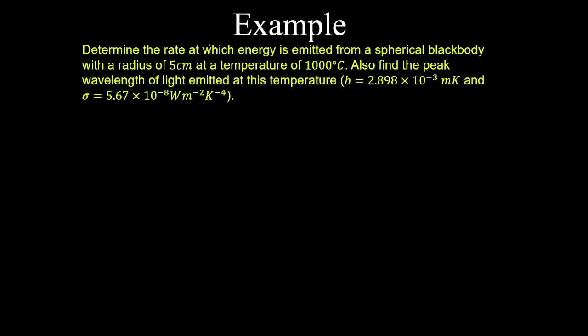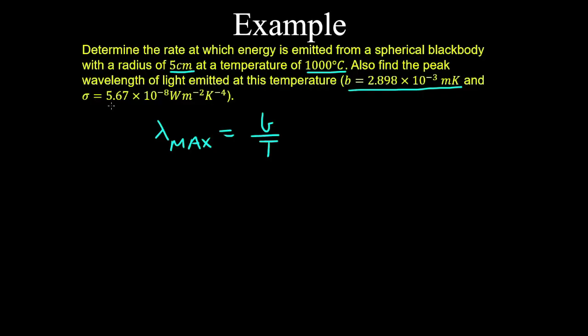Determine the rate at which energy is emitted from a spherical blackbody with a radius of 5 centimeters at a temperature of 1000 degrees Celsius. And also find the peak wavelength of light emitted at this temperature. And we're given a constant in Wien's law, which is the maximum wavelength is equal to B on the temperature.